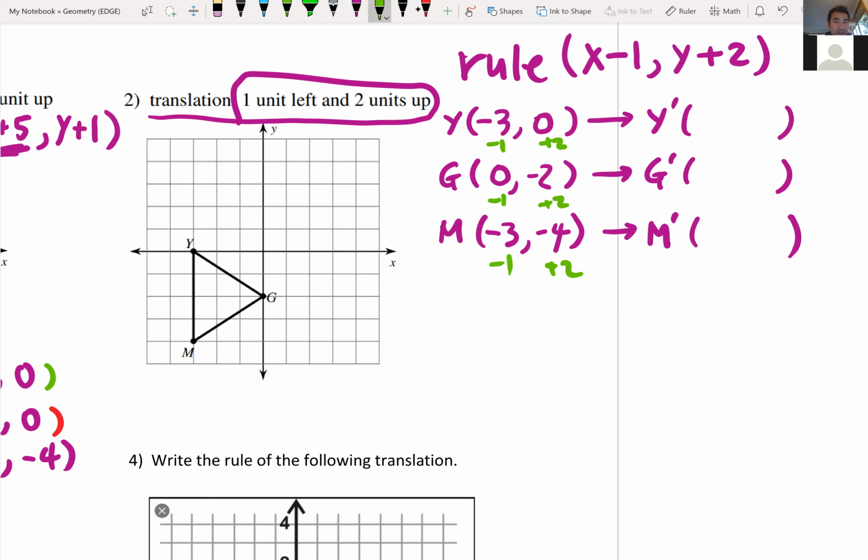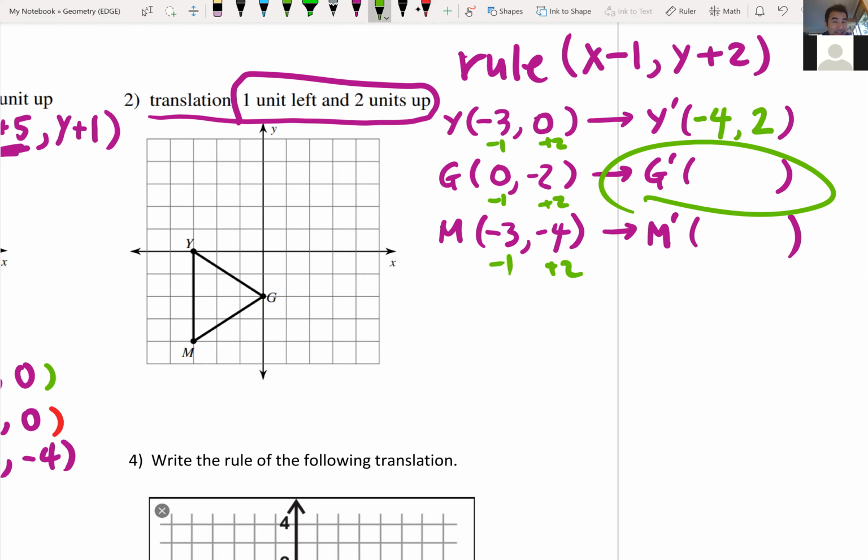So the new coordinate for y, or y prime, is going to be -4, 2. G prime, well, let me ask you, what's going to be G prime, this one? Can you type it in the chat? What's going to be the G prime?